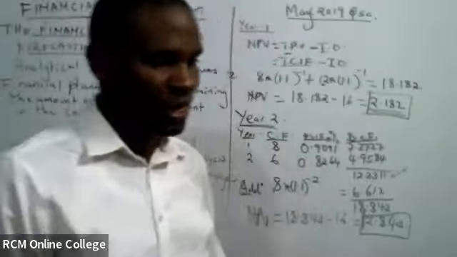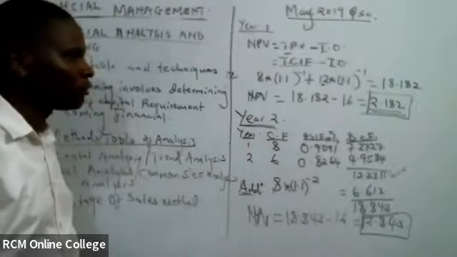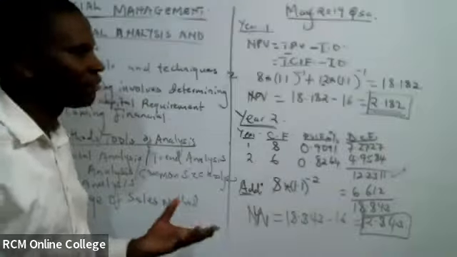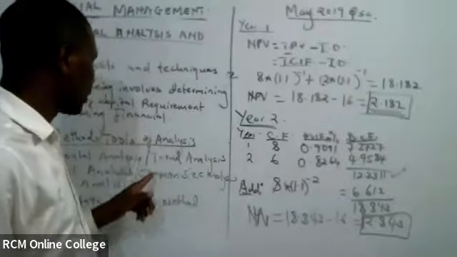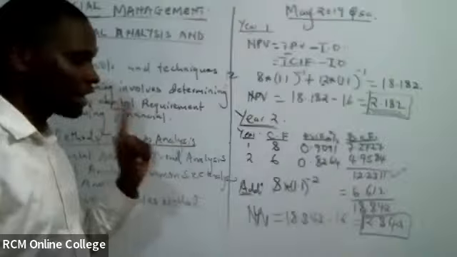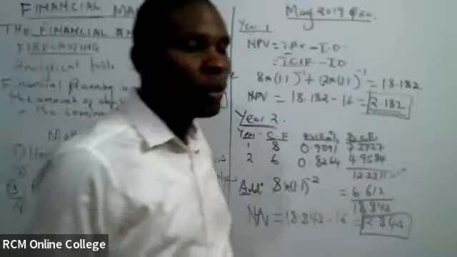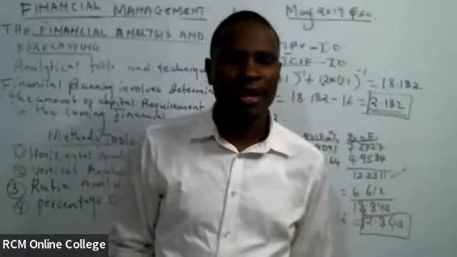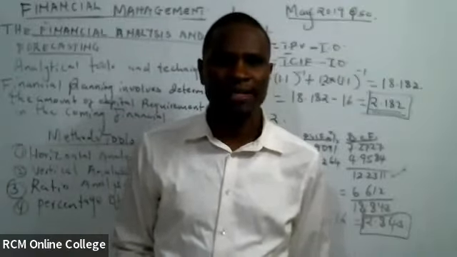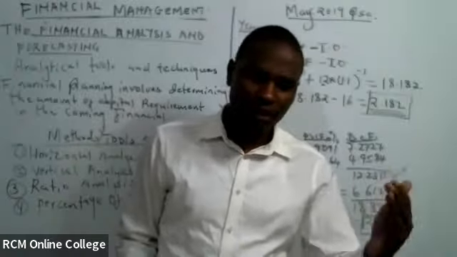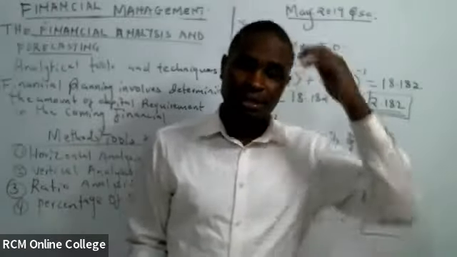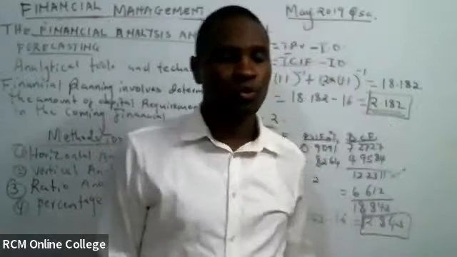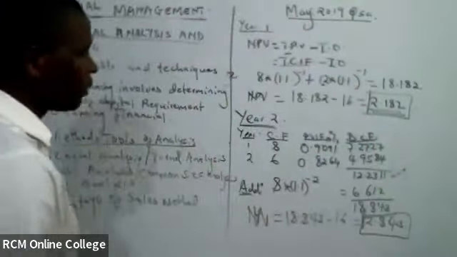Class, hiyo ni muhimu sana. That means if you're dealing with the income statement and you want to analyze using this common size analysis, you're going to express all the items of income and expenses as a percentage of sale. This is what we mean by that.